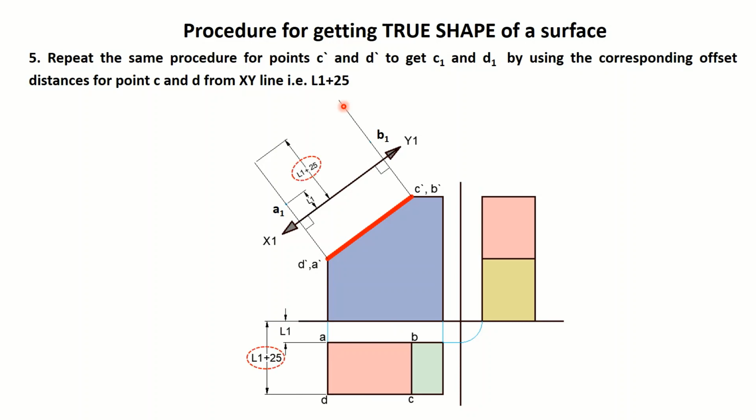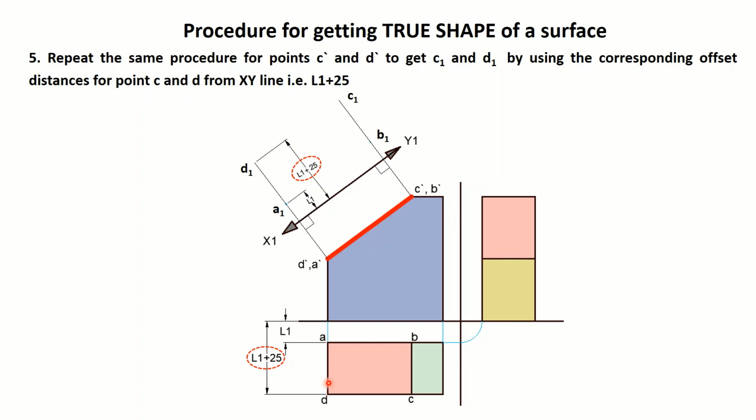In this case we are talking of this L1, because L1 is any suitable distance which the user may take while making the front view and top view. However, the distance of D from this reference line xy will be this dimension AD, which is 25 in this case, plus this user-specific distance.